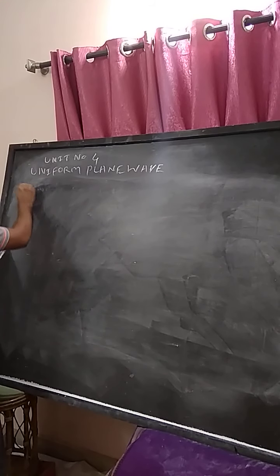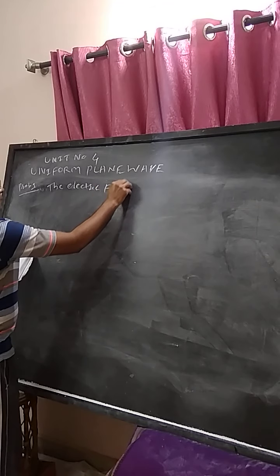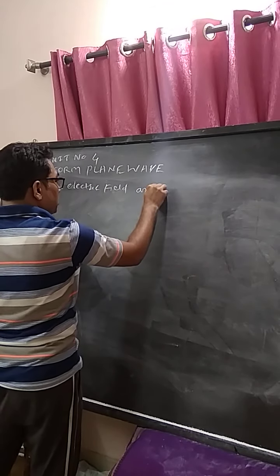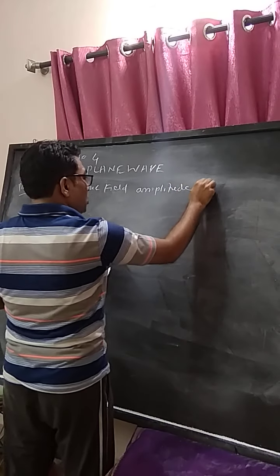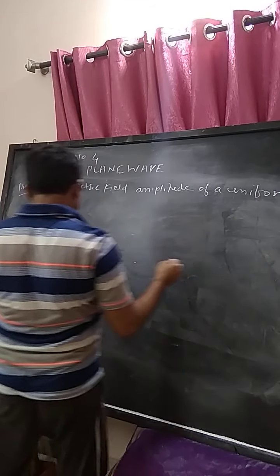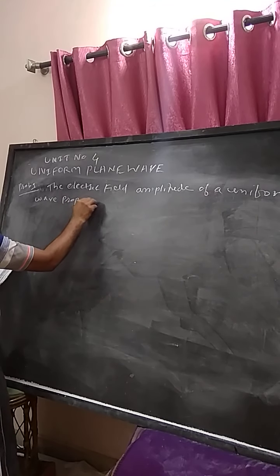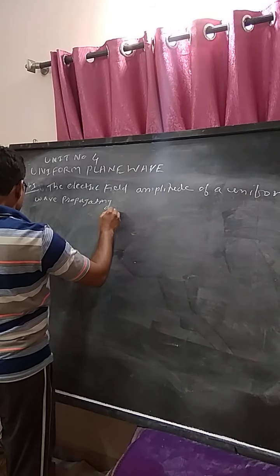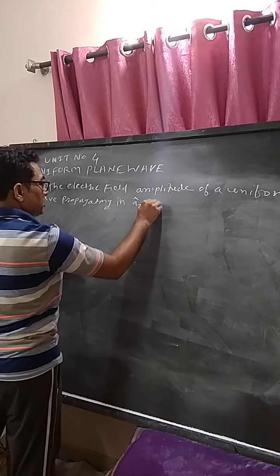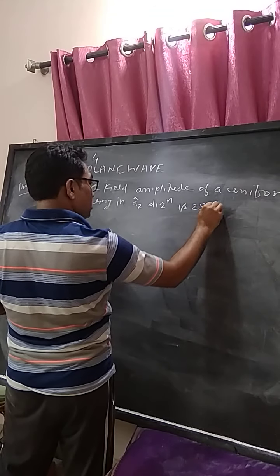Problem number 1. The electric field amplitude of a uniform plane wave propagating in the AZ direction is 250 volt per meter.